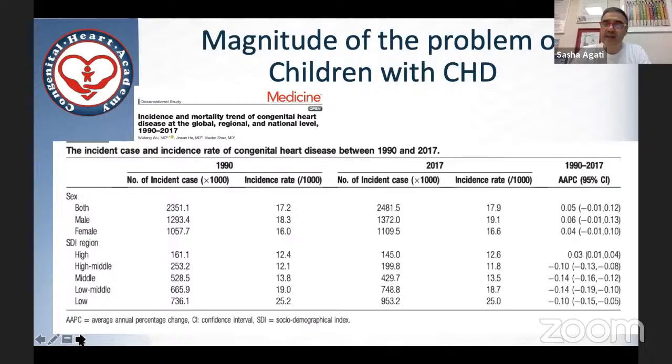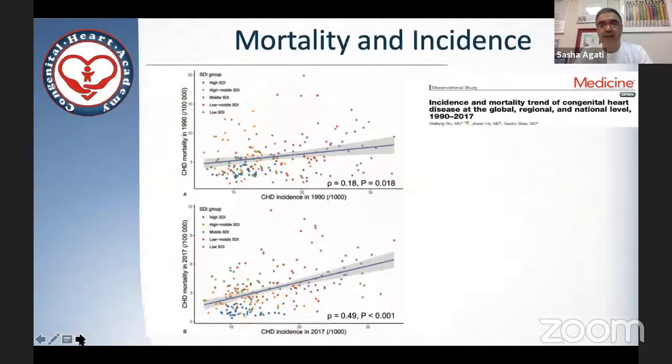I think this paper is very important because I'm sure people feel that we have to do a lot in support of improved strategy for this country, but you can see how the difference in mortality doesn't change during this big period. And again, the mortality and the incidence are related to the global, regional and national level.